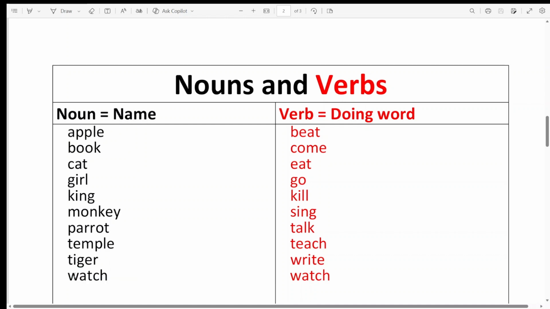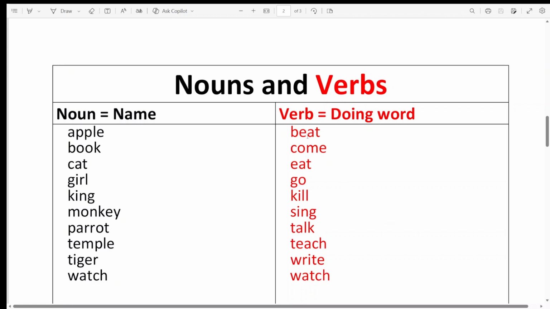Here, watch is the name of a thing that you have bought, or time showing. Whereas here, watch in red is a verb. To watch, you can add ing, watching. Like your brother is watching a movie and you ask him what he is doing, and his reply will be watching a movie. Doing what? Watching. So watching is from watch.